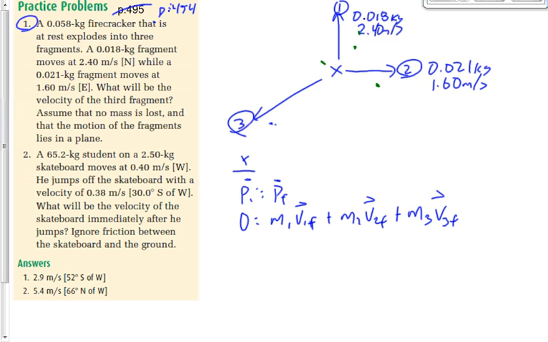Now, these objects don't have the same mass. If they did, could we cancel the mass out? What we want to see in order to cancel them out is that same mass in every term. Does it appear on the left-hand side? No, it doesn't. But since it's 0 on the left-hand side, it would still cancel out.